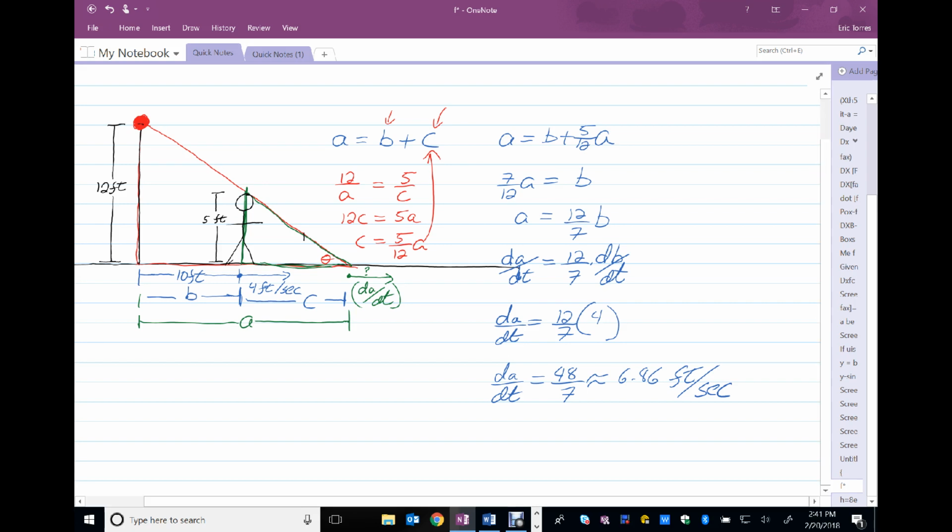The second equation in red allowed me to solve for C and do the substitution. And that is a key step with many of the problems. Substituting gave me from 3 variables to 2, and now my 2 variables that I'm interested in, A and B, are related to each other, and I can take their derivative and their rates will be related.